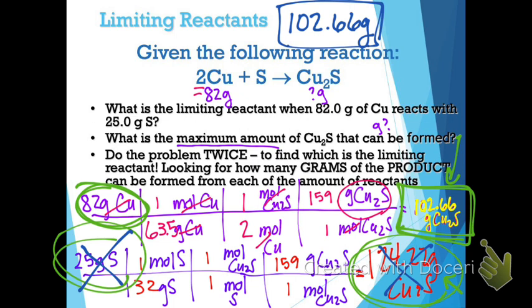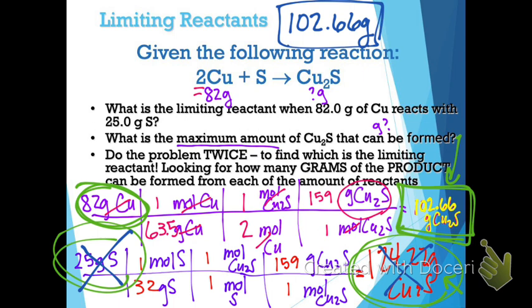Okay? So that means if it asks me what is my limiting reactant, am I going to say that copper sulfide is my limiting reactant? Is copper sulfide a reactant at all? No, I'm going to come back at my T-chart and say copper is the thing that's getting fully used up. So that's my limiting reactant, right?